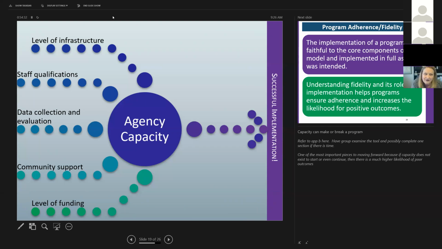Everybody kind of has a nursing shortage, but this particular area was considered an 85% no fill rate for nurses. And we're like, so probably that wasn't the best model to pick for that geographic location when they have such a critical need for nurses in general. Probably wasn't the best place to pick a nursing program to try to implement. So some of those pieces, the data collection piece, like I indicated, the evaluation, that can be a huge piece of the puzzle.